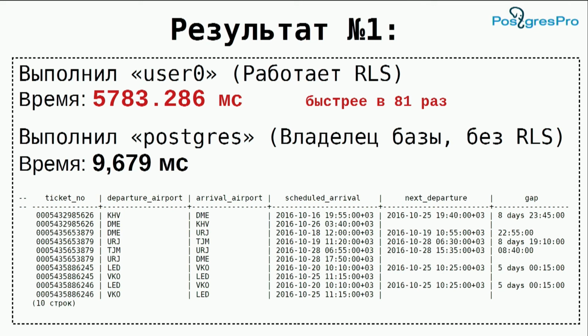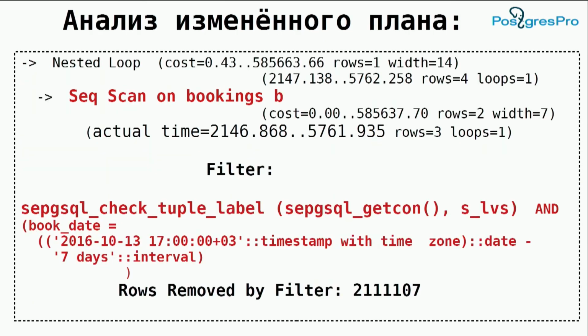So we launched the query. It was 81 times faster. So we managed to cope with it, but still the difference is so huge. What else is there? I marked red another problem.